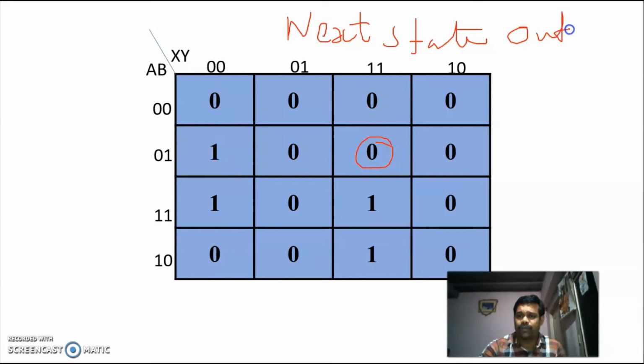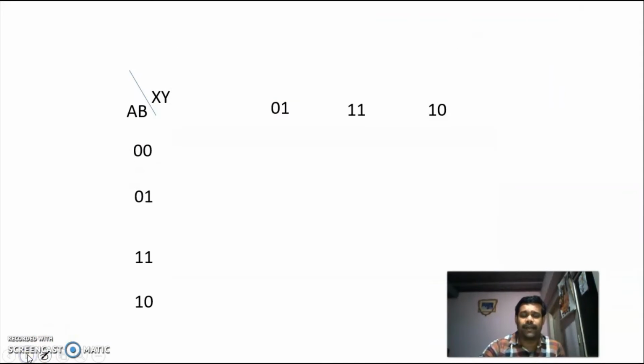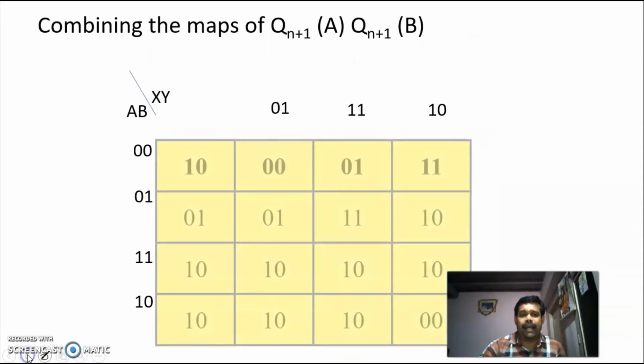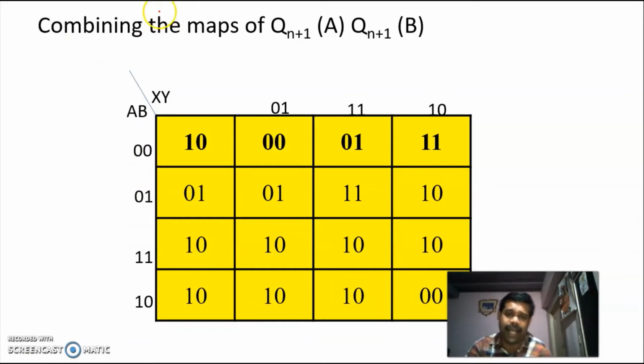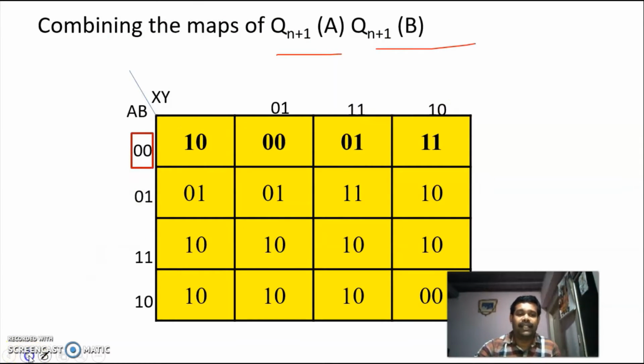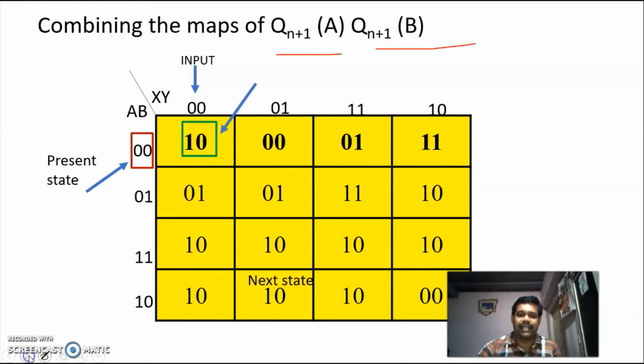Now, next what we are doing is combining the maps of Qn of A and Qn of B. So we have combined and got it like this: this is the present state, this is the input, and this is the next state.